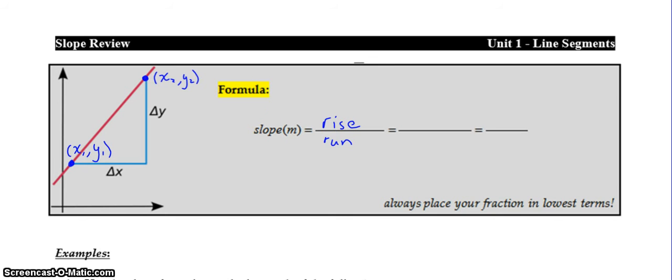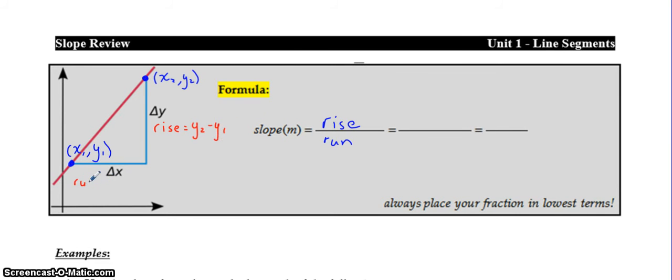Then the rise here is going to be found by subtracting this y value from this y value. So if this point had a y value of 6, and this point had a y value of 2, then the rise went from 2 up to 6. So the rise is equal to y2 minus y1.